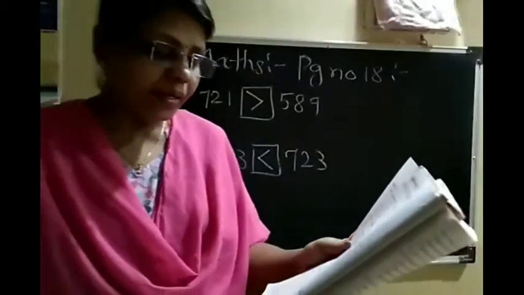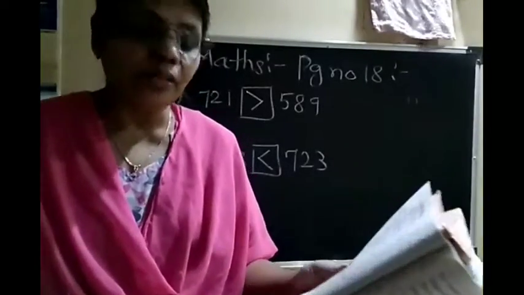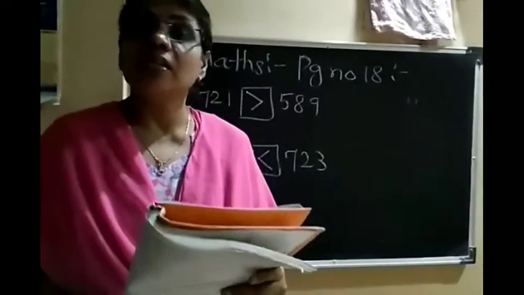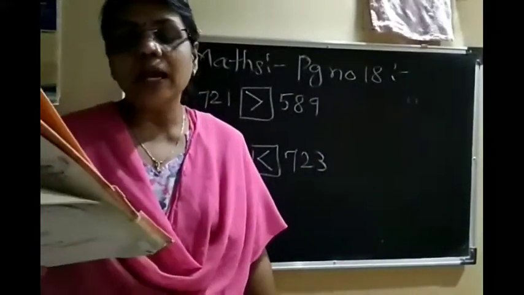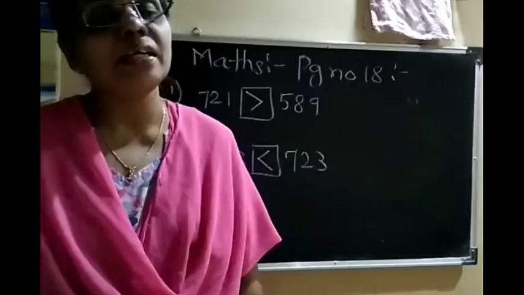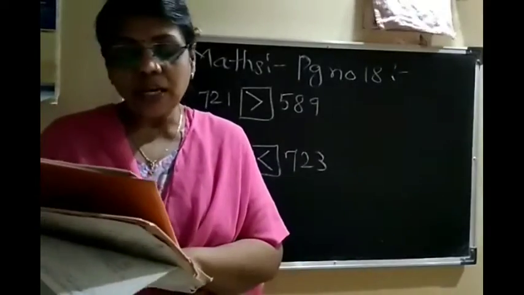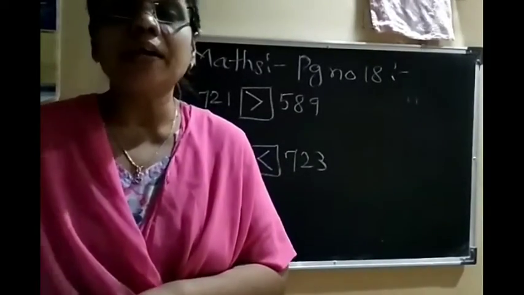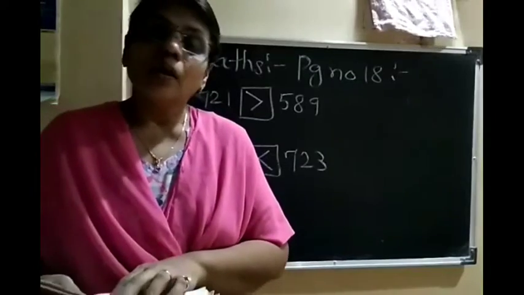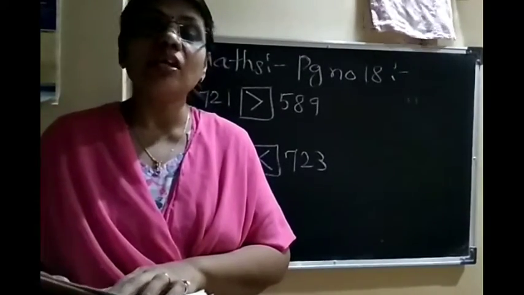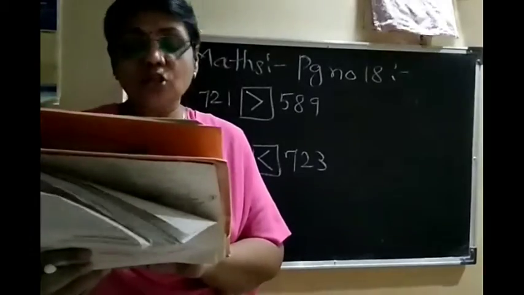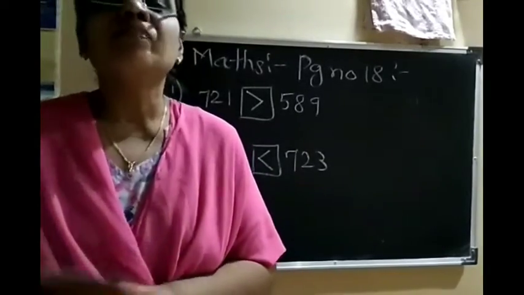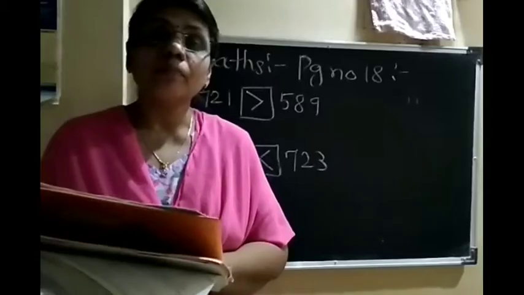Here 891 and 697. Obviously 891 is the bigger figure and the smaller is 697. Then 697, 693. Obviously 697 is bigger than 693.